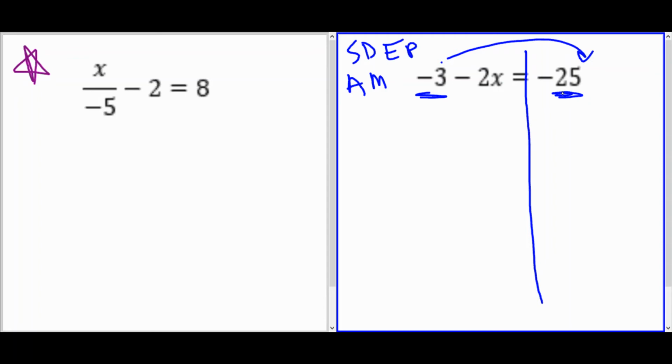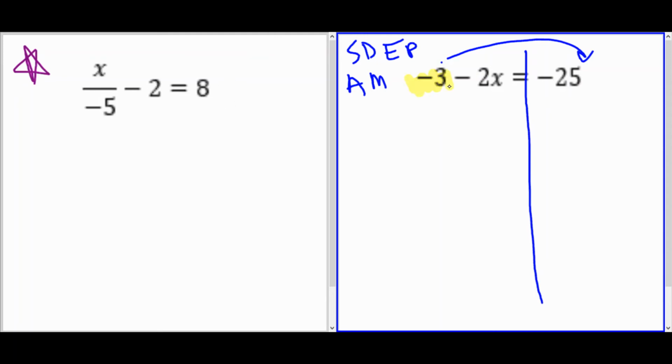Since those are what we call like terms, since they both are constants, neither of them have a variable. The -3 doesn't have a variable, and the -25 doesn't have a variable. There's no x with it, there's no y with it, just the number. So since it's just a number, I'm going to move that first to the other side.